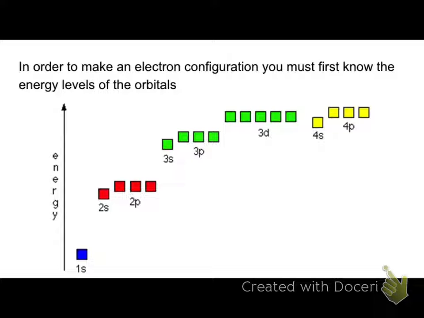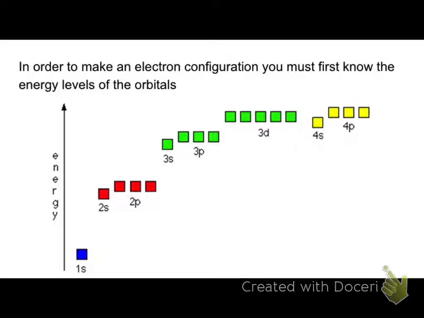Okay, so the 1s orbital down there in blue is the lowest energy level possible for an electron. And then when we go up, 2s has more than 1s because it's in the second shell, right? So it's got more energy and it's further from the nucleus. And then the 2p orbitals have just ever so slightly more energy than the 2s orbitals.